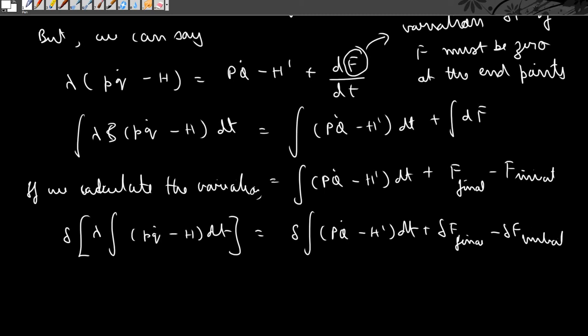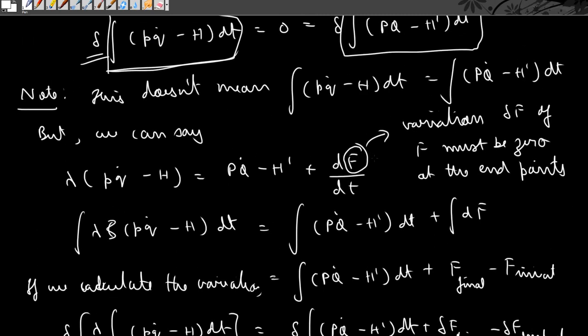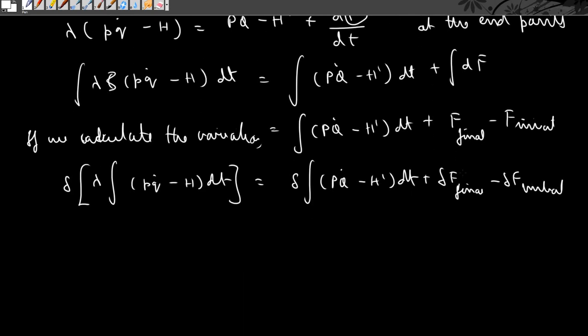But we said that our function F must be such that its variation vanishes at the endpoints, which means these two terms go to 0.